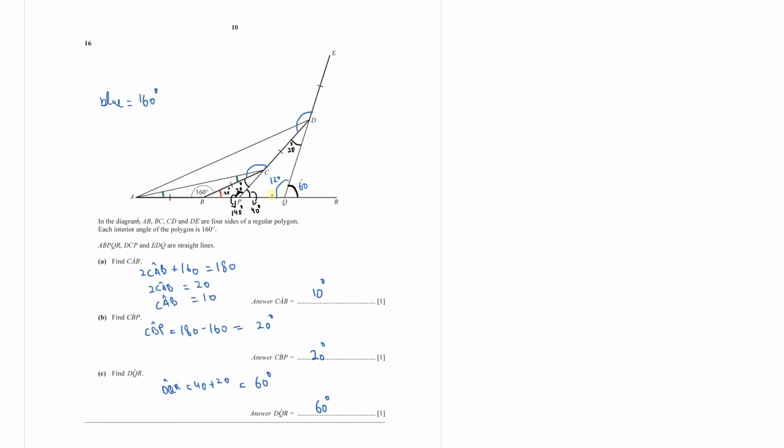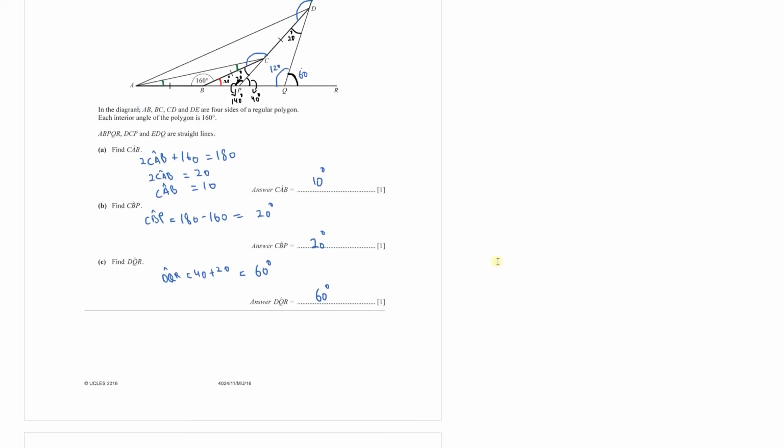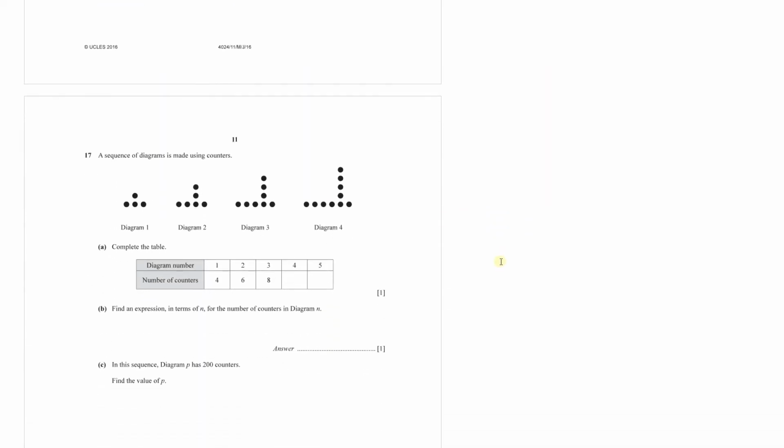So even if you don't remember the exterior angle property of the triangle, you should still be able to calculate this angle once you compute this angle of the triangle. So let's move on to the next question.